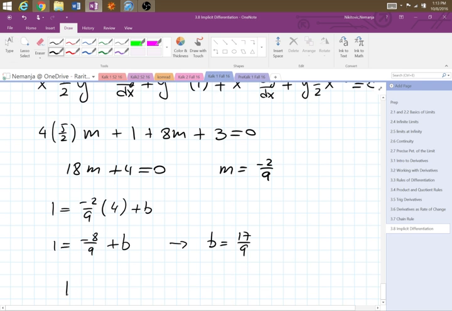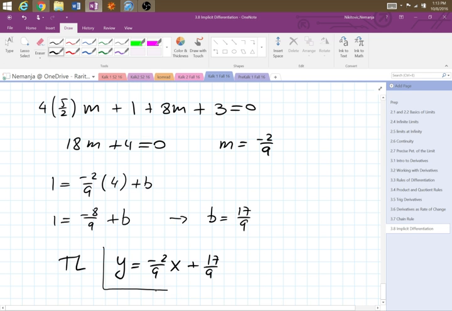And we have our tangent line. y equals negative 2 over 9 x plus 17 over 9. Look at that. 35 seconds before time. Professional. All right, that's it for this one.